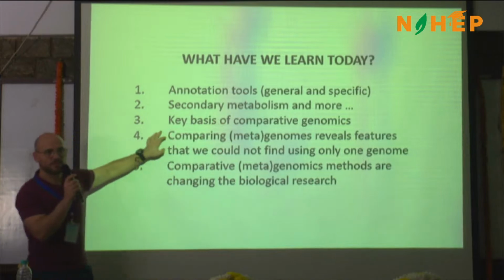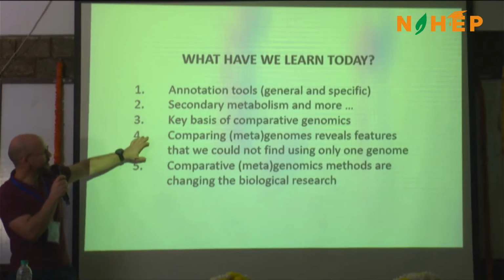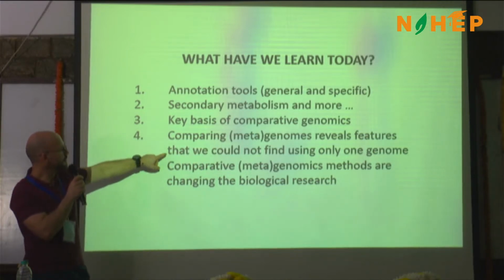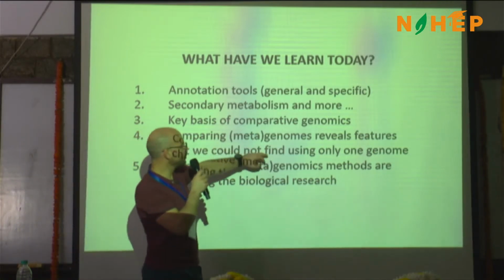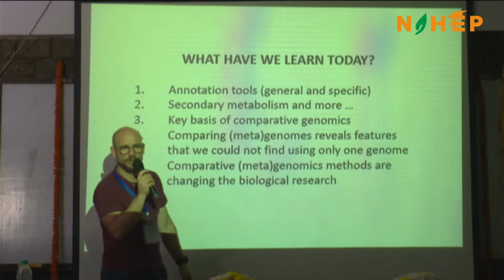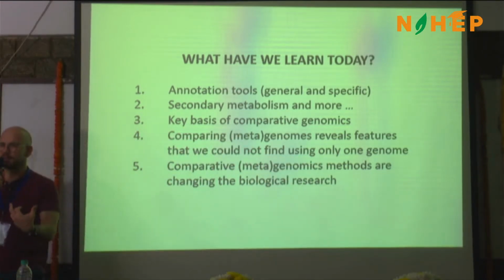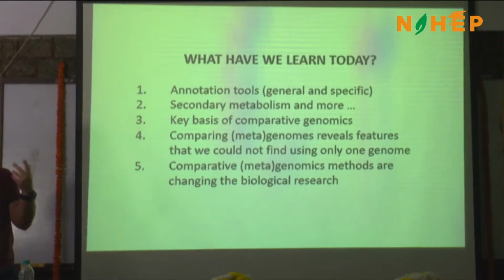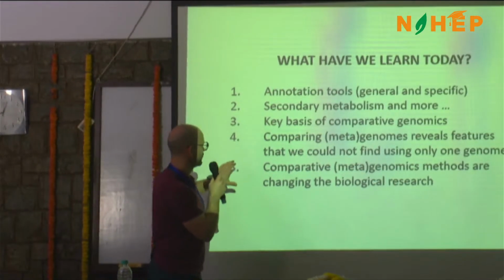The key basis of comparative genomics, and that comparing genomes can reveal things that we could not find using only one genome. What I mean is that when you are sequencing just one genome, it's not going to give you much information. But if you have the genome that you want to target, plus others that are not doing the function, then that will give you much more information.